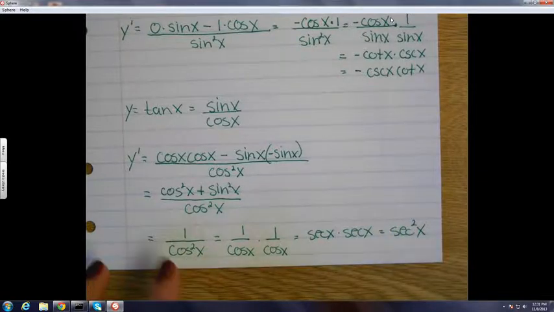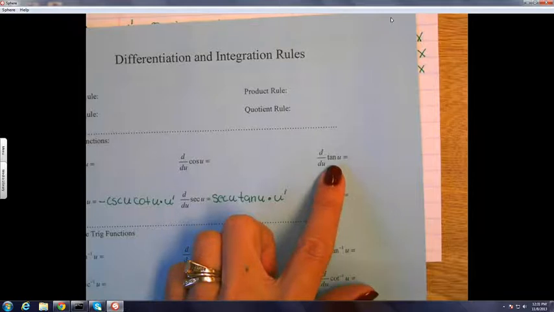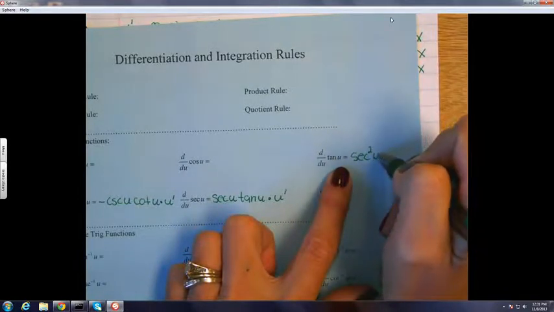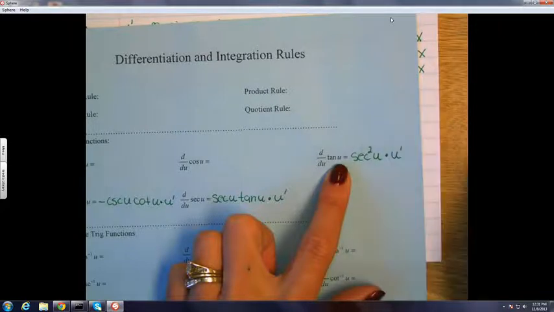So the derivative of tangent is secant squared. Add that to the back of your blue sheet. Derivative of tangent is secant squared of the angle, u, whatever it was, but then don't forget, we multiply by the derivative of the angle at the end, because it's an inside-outside business.